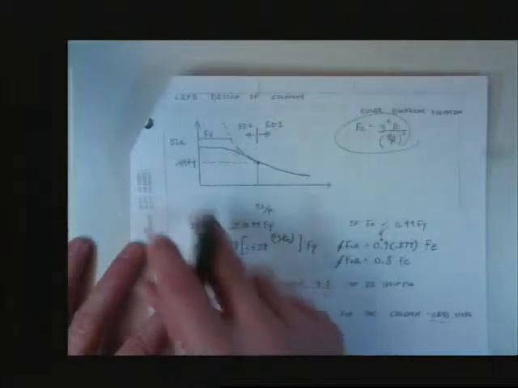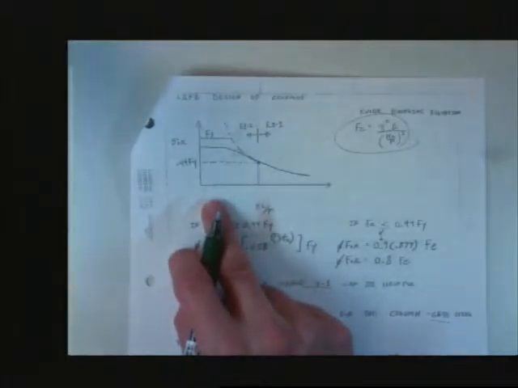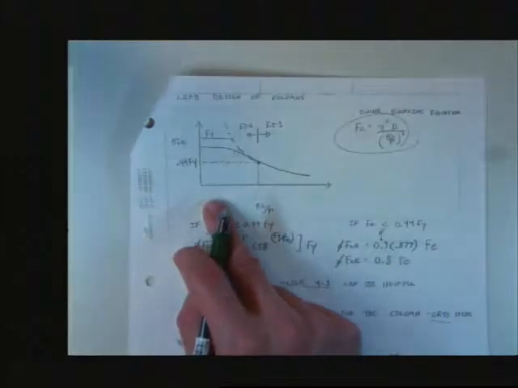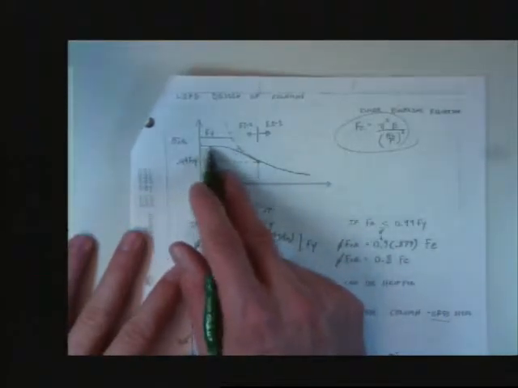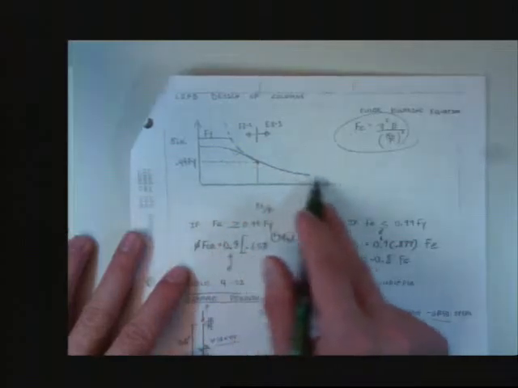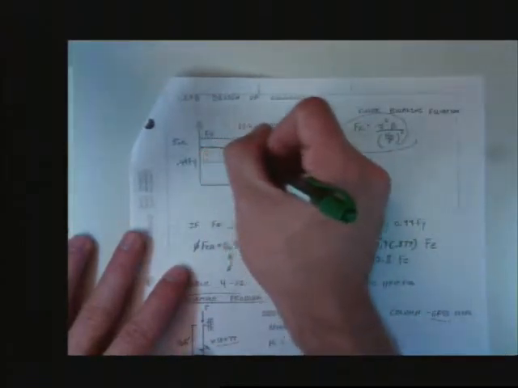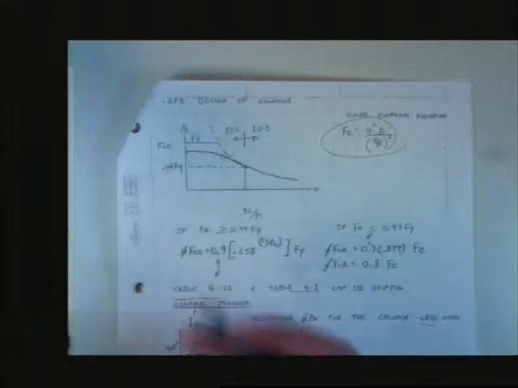If you recall, this is the chart that tells you everything. It tells you whether your column is going to be on this plane or on this plane, whether it's going to be on this curve or on this curve. The way I've got it set up is pretty straightforward.